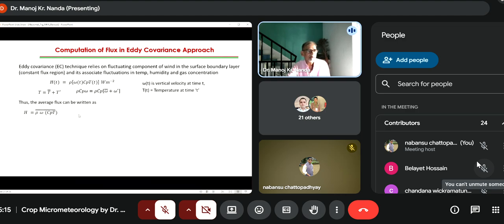Now if you multiply these two, rho Cp remain constants, so you remove them because rho Cp are not varying. So you have the average component of omega, the fluctuating component of omega, the average component of T, and the fluctuating component of T. So if you take the overall average of this, to get the overall average you have to multiply these two and see how these terms behave.